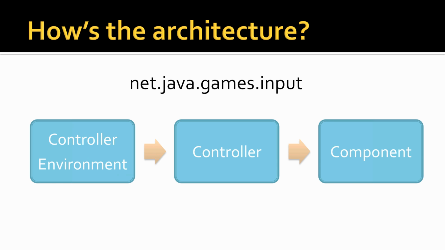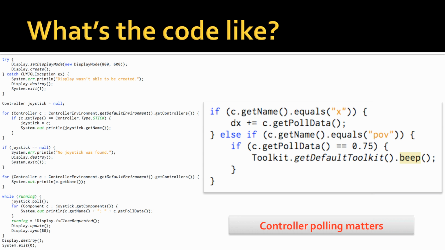Now let's look at what the code is like. This is a very simple program in which I assign a joystick to a controller and basically print out all the components of the joystick with their poll data. And their poll data is the value you retrieve for the component.